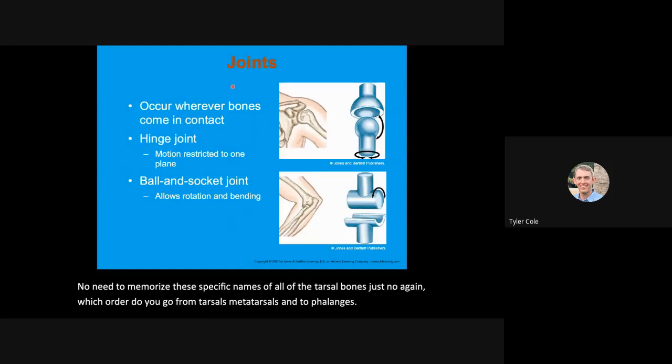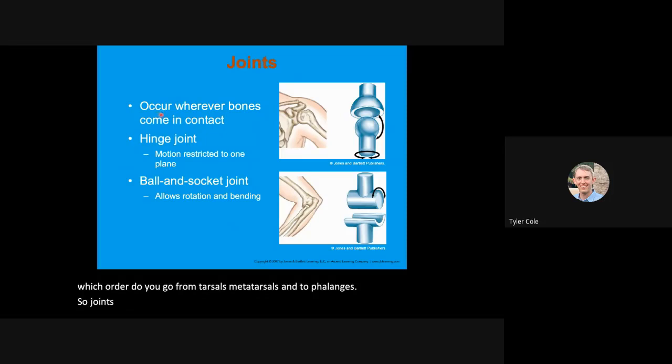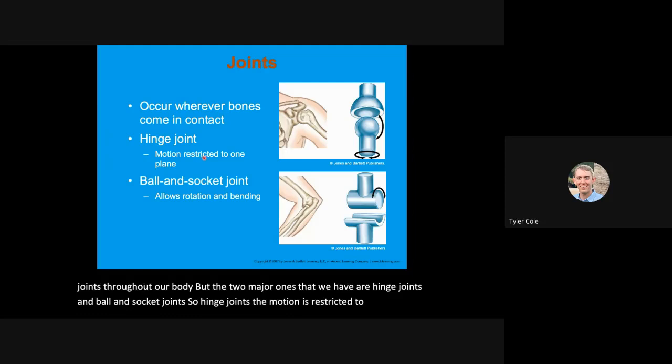So joints are points of contact where bones meet. And we have various different joints throughout our body, but the 2 major ones that we have are hinge joints and ball and socket joints. So hinge joints, the motion is restricted to really one plane of motion.